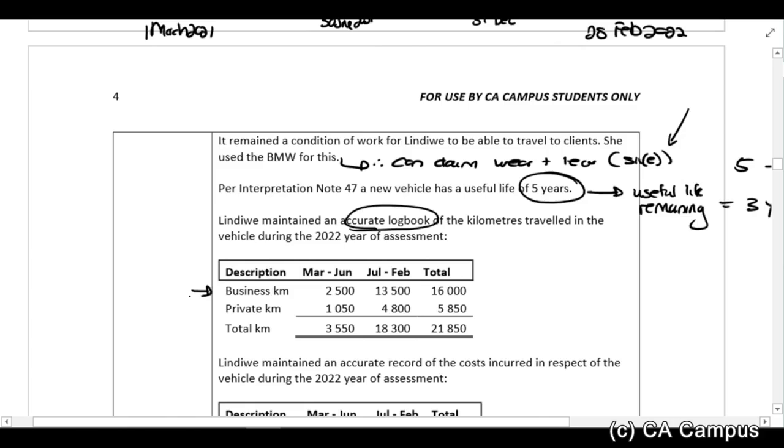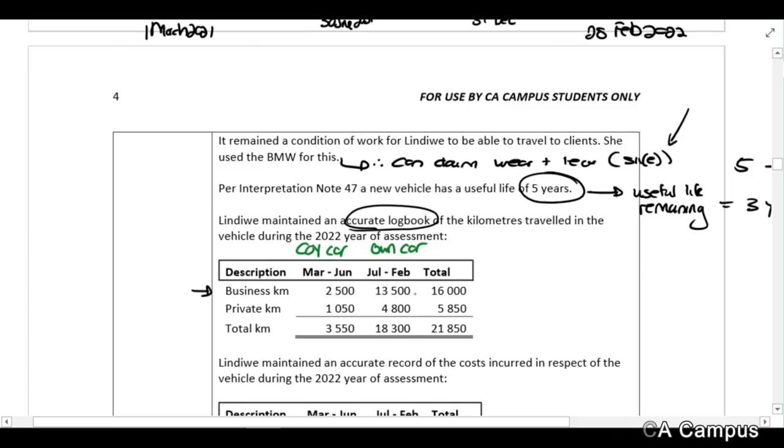Okay, so March until June, for that period, it was what? A company car. So company car. July until February was her own car.